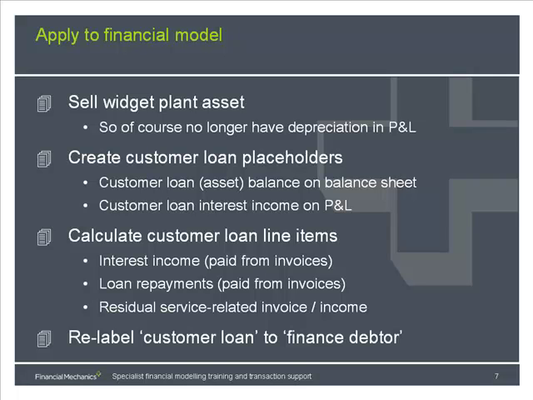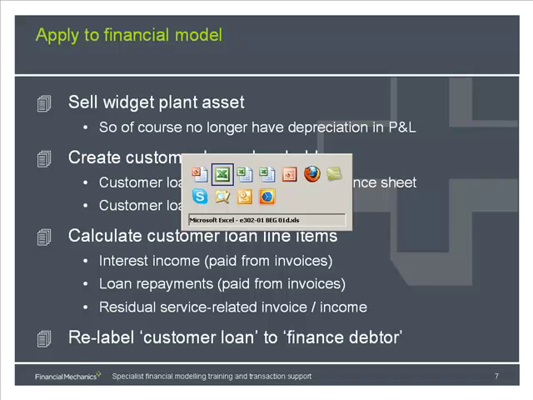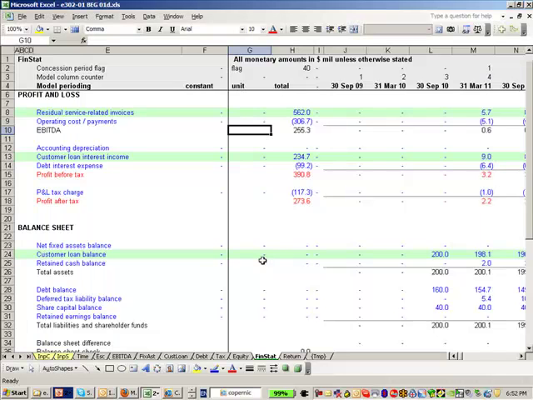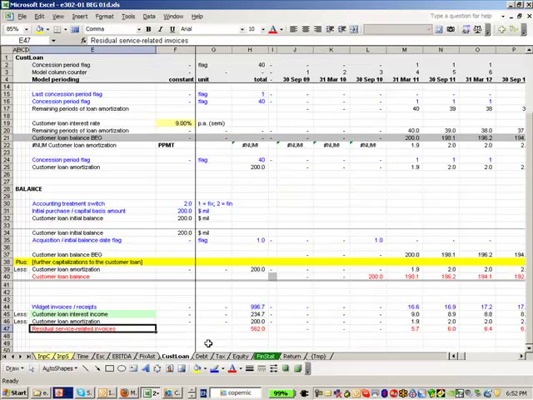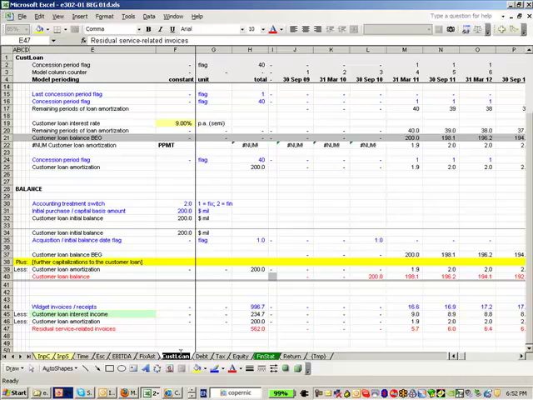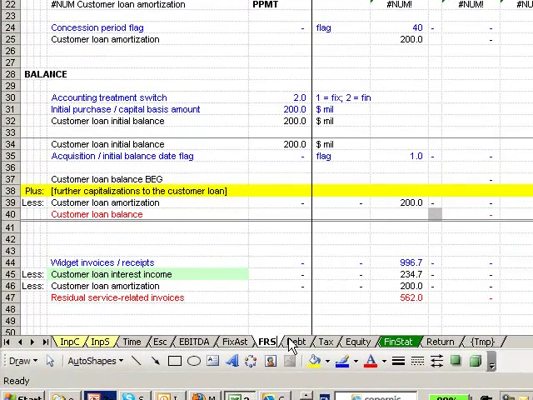If we're presuming finance debtor or FRS 5 treatment, which we have been, that's the basis of this PPMT level debt service amortization plan, we ought to fix up our labeling. So let's have a quick look at calling this, I don't know, we could call it FRS 5. So that's really what this is at this point.